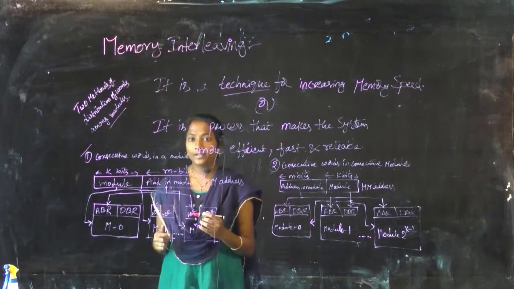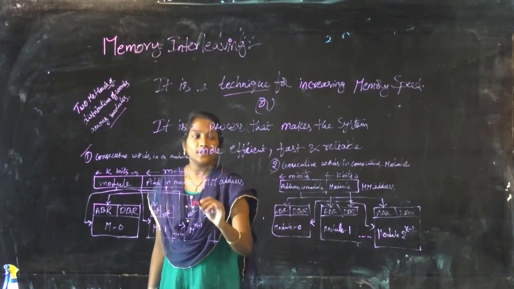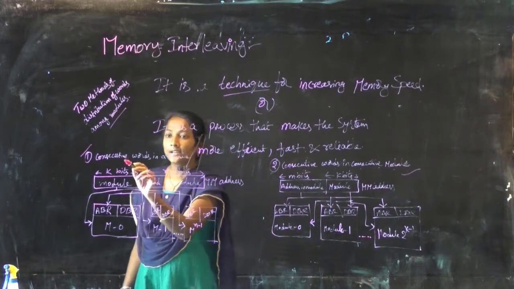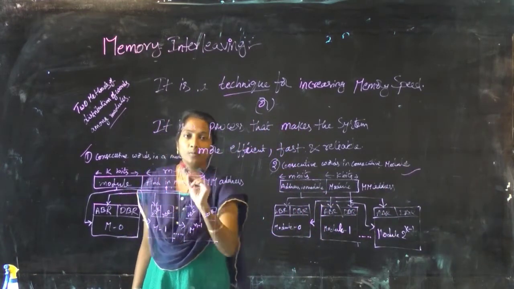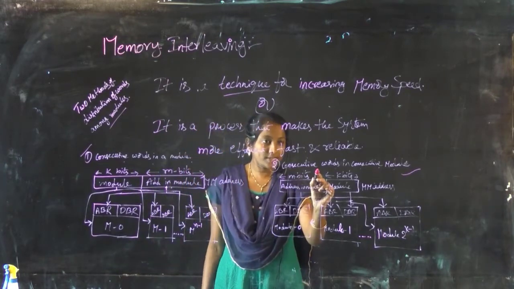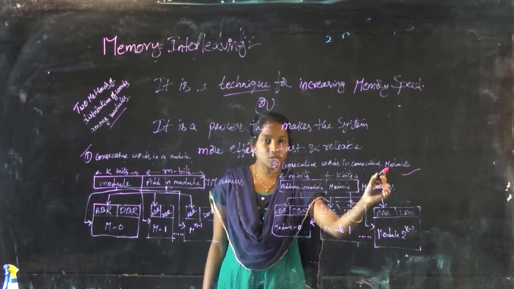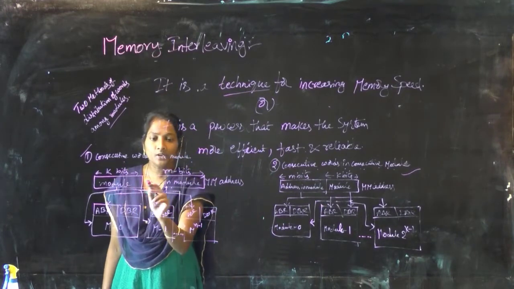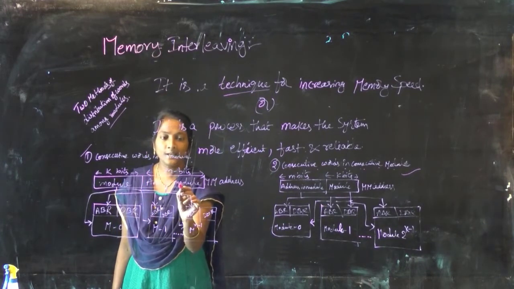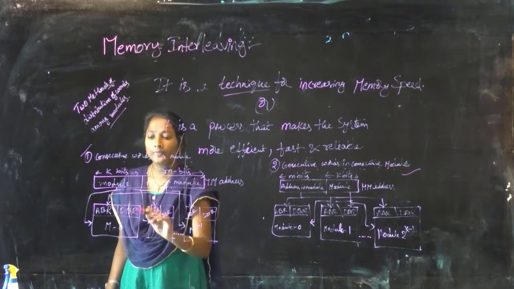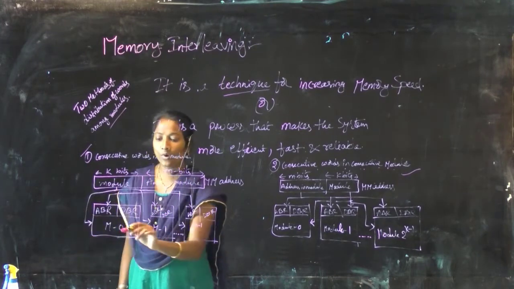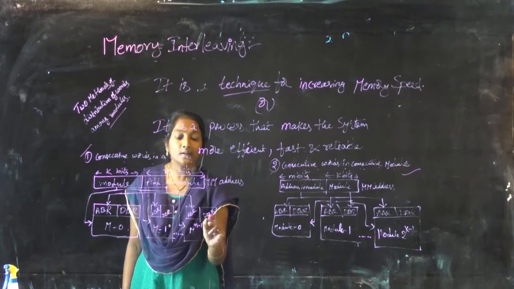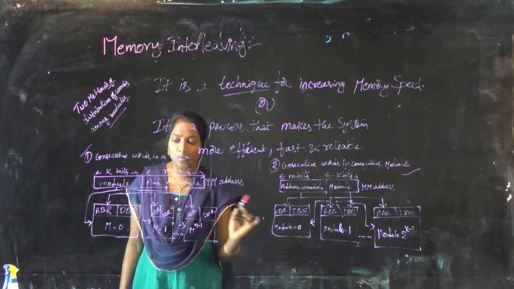So in these two ways data can be accessed. The first one is consecutive words in a module. The next one is consecutive words in consecutive modules. In the first case, memory is divided into modules, for example module 0, module 1, module 2 and so on, up to 2^k minus 1 modules.